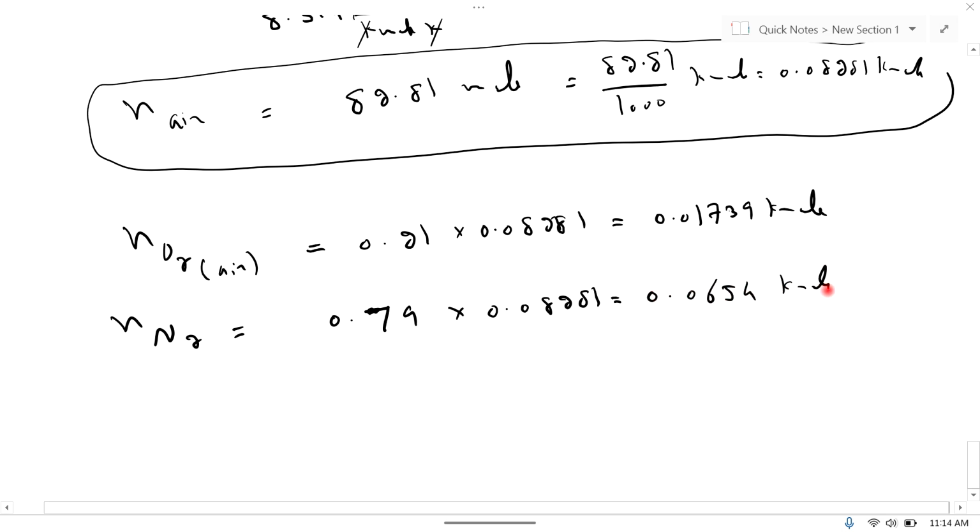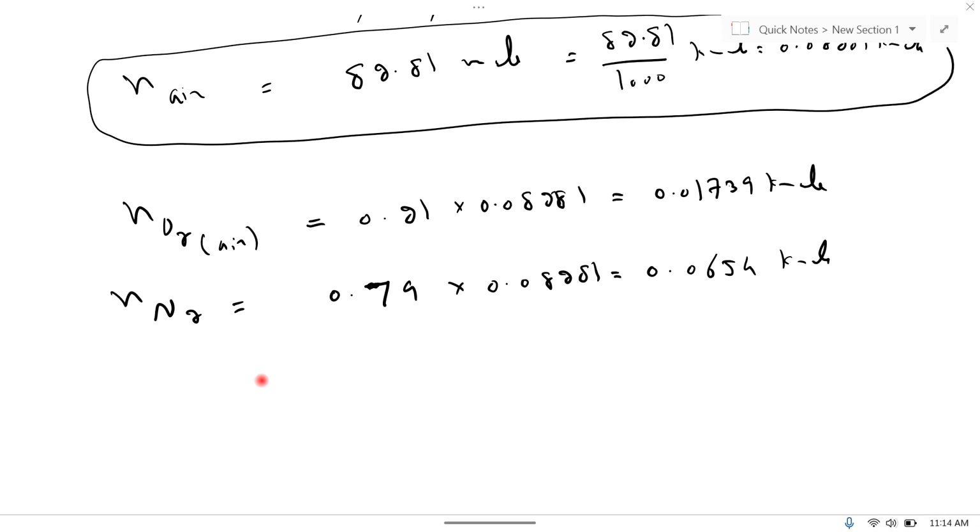This is in air. So the total number of moles in air is 0.08281 kilomole. So 21% is oxygen and 79% is nitrogen.